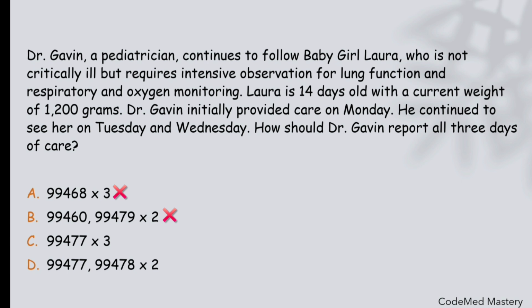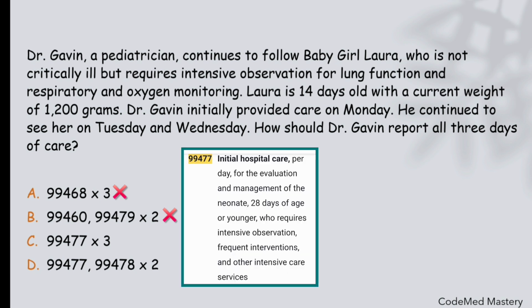Option C, 99477, is for initial hospital care per day for evaluation and management of the neonate 28 days of age or younger who requires intensive observation, frequent interventions and other intensive care services. In the question also they have given requires intensive observation.